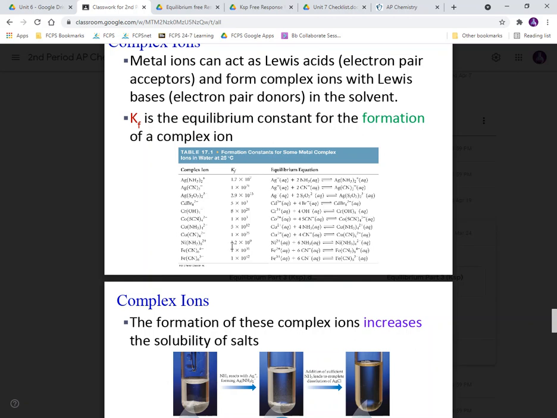This iron one too is like 1 times 10 to the 35th. This is another one, 1 times 10 to the 42. Those Ks are so big there's no real equilibrium position. They just go to completion. So if you were given a K that's super big like that, you would just do regular stoichiometry with it and assume it goes to completion.